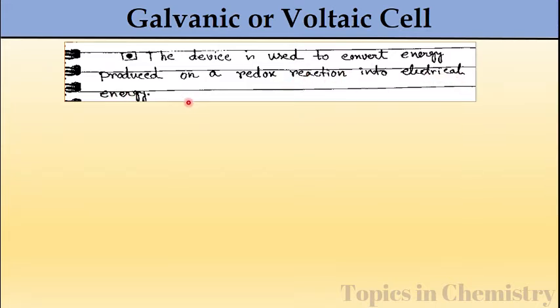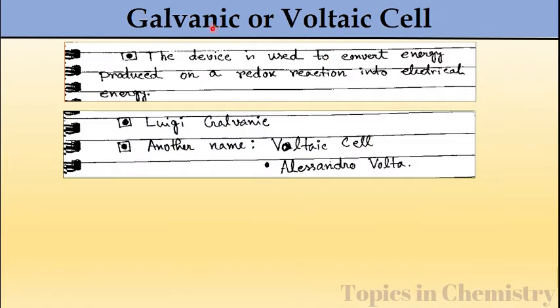That is the most important point of a galvanic or voltaic cell. The question is why it is named the galvanic cell. This name comes from the scientist Luigi Galvani. Another name is voltaic cell, again from another scientist, Alessandro Volta.